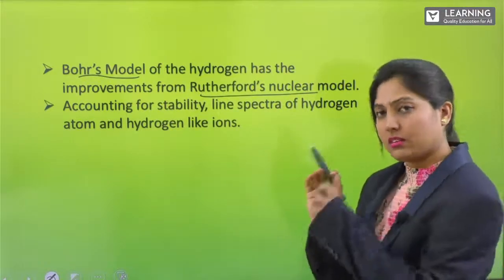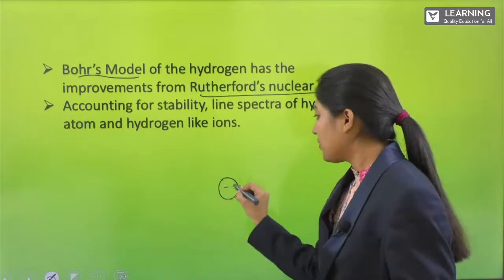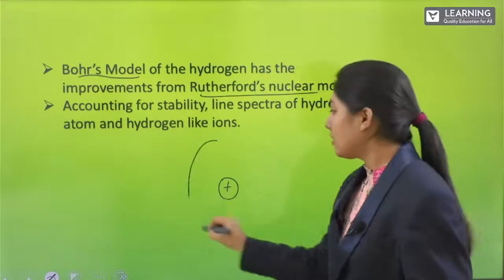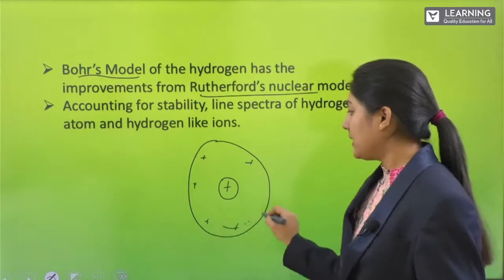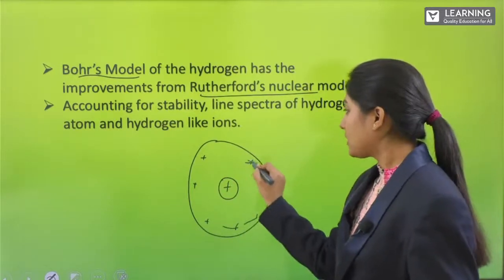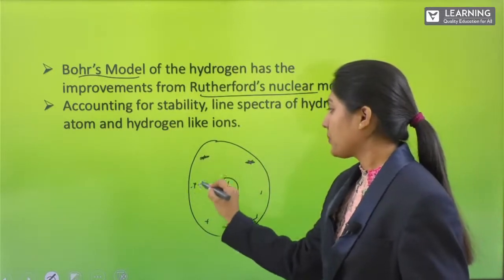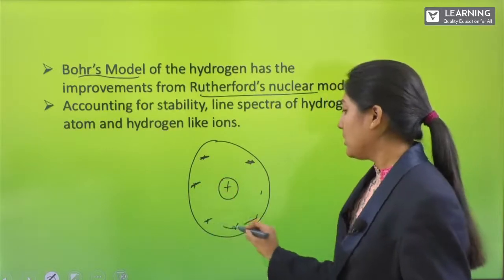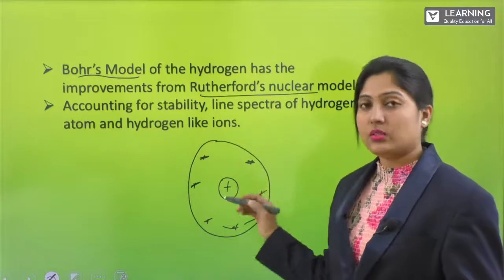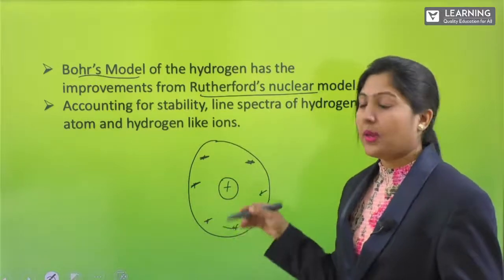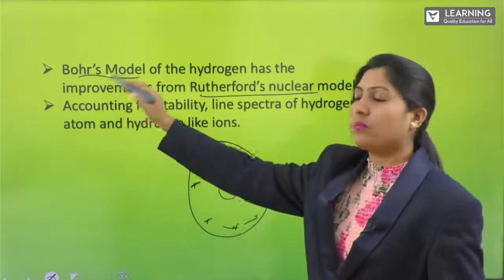Rutherford said that the atom has a positive charge and electrons are revolving. He didn't explain the stability of electrons revolving around the nucleus. He didn't speak about the stability of an atom, and also he didn't speak about the hydrogen spectrum. But that was given by Bohr's model.